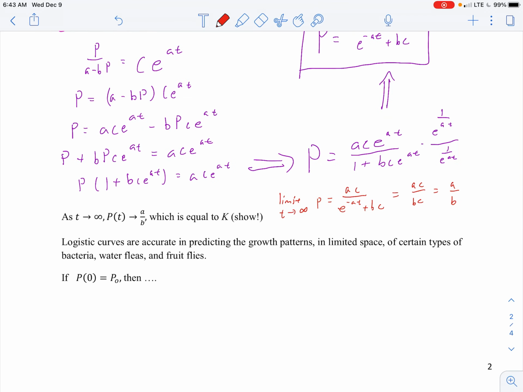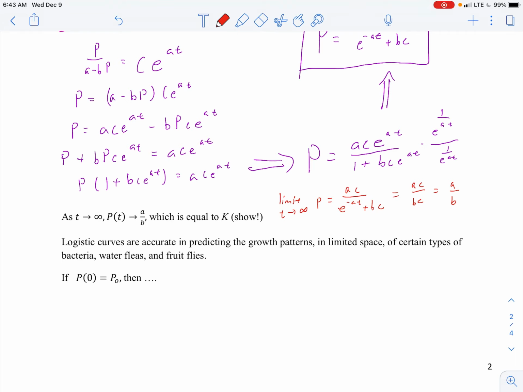Logistic curves are accurate in predicting growth patterns in limited space of certain types of bacteria, water fleas, and fruit flies. If P of 0 is equal to P sub 0, then we can rewrite this equation even more. So let's go ahead and say that P of 0 is equal to P sub 0.